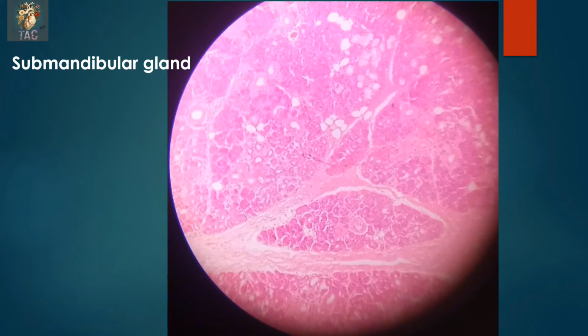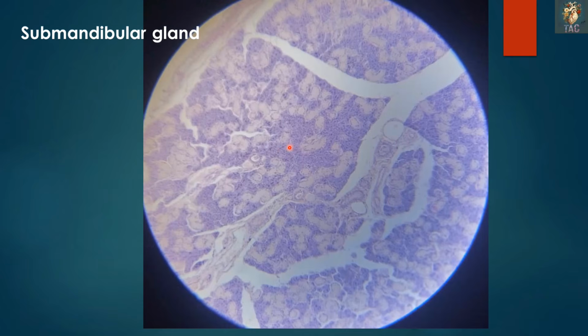This is another slide of the submandibular gland, and in this slide you can see a large number of acini. These are the mucous acini with serous demilunes, or the serous acini themselves. So this is a mixed type of gland having mixed acini. But the important point you must remember is that although both the submandibular and sublingual are mixed salivary glands, in the sublingual most of the acini are either mixed, or if serous they are present only in the form of demilunes.